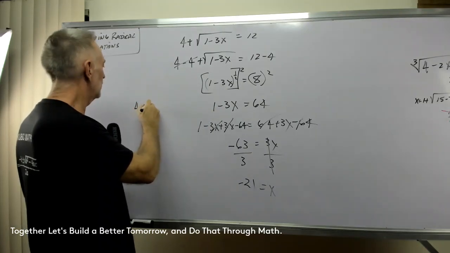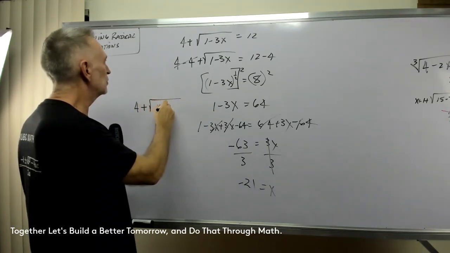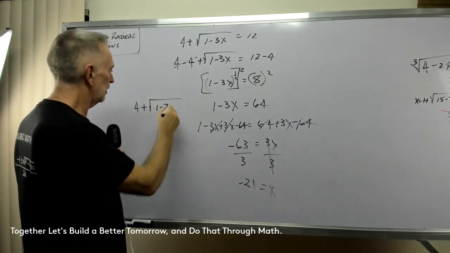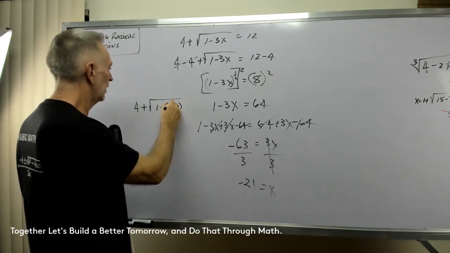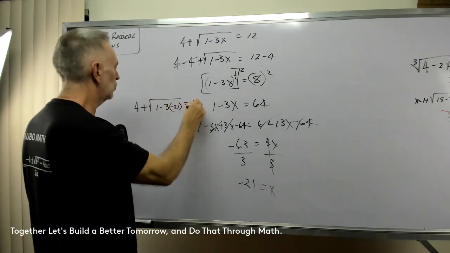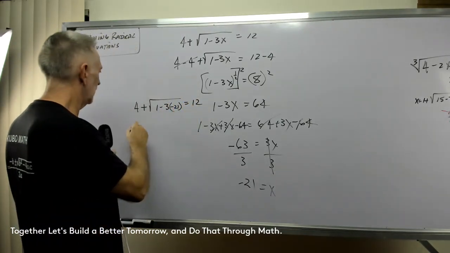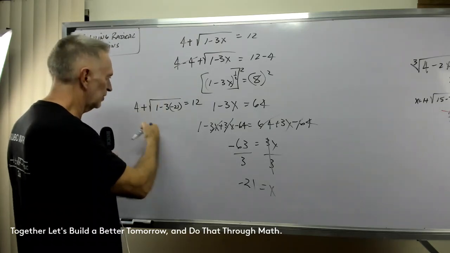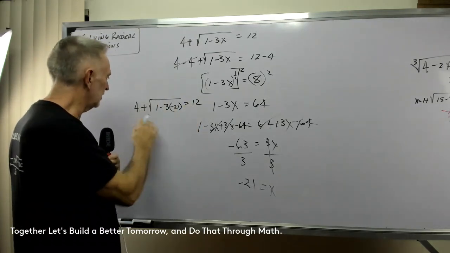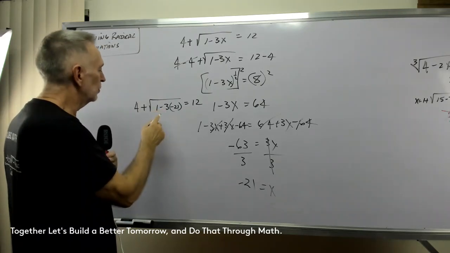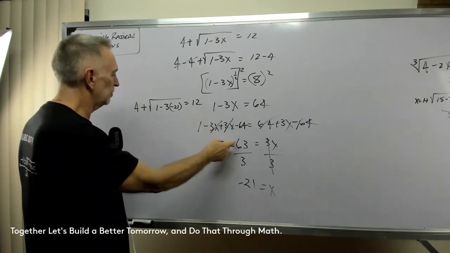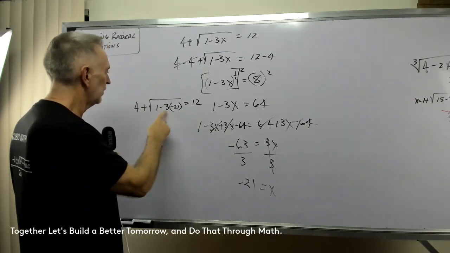We had 4 plus the square root of 1 minus 3x. Of course, our x is now negative 21, and that's supposed to equal 12. Let's just leave it alone. So 3 times negative 21 gives me that negative 63.